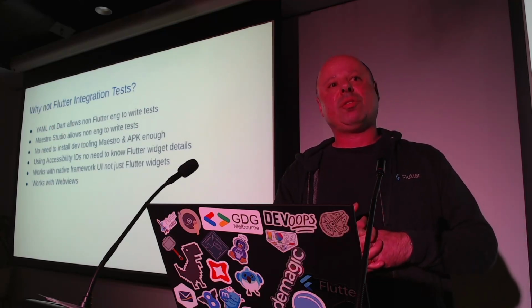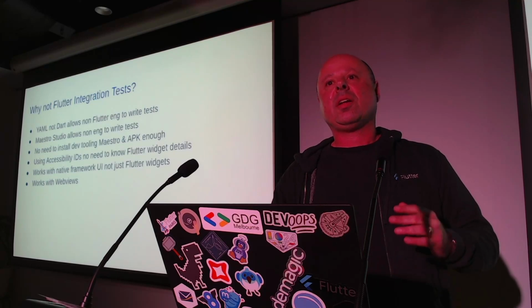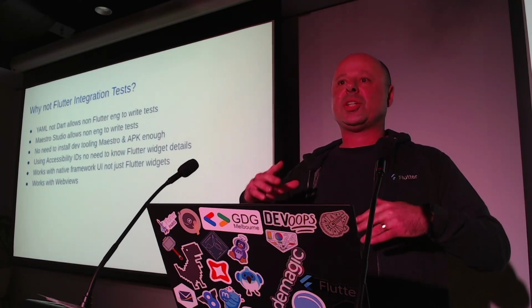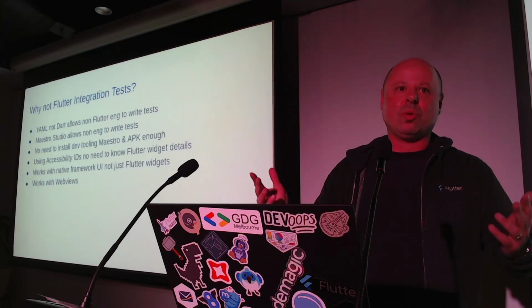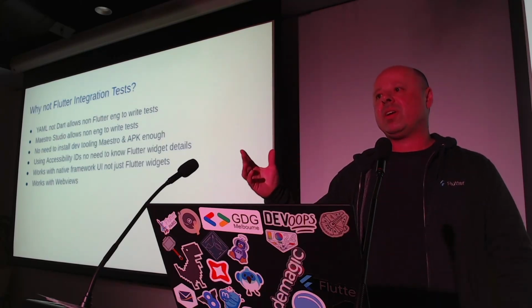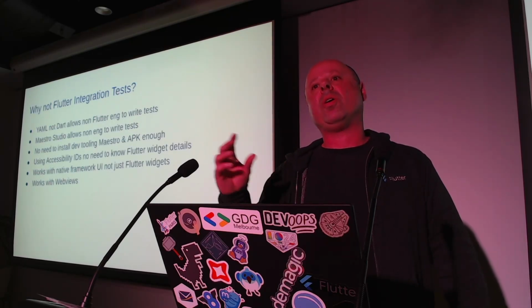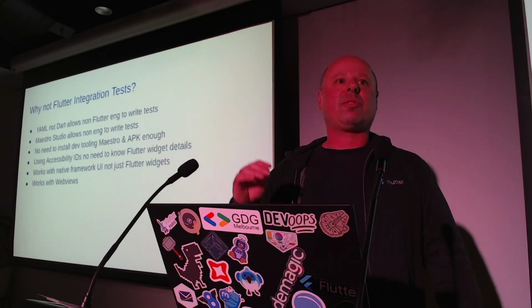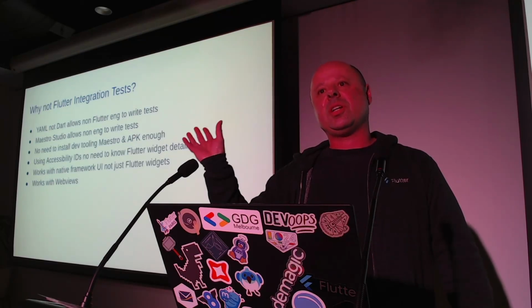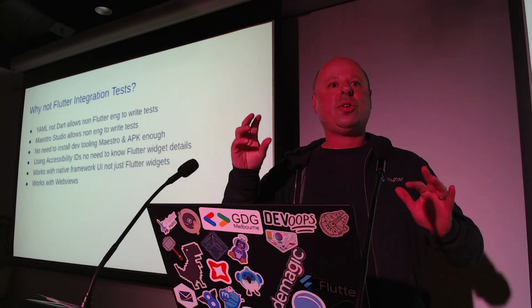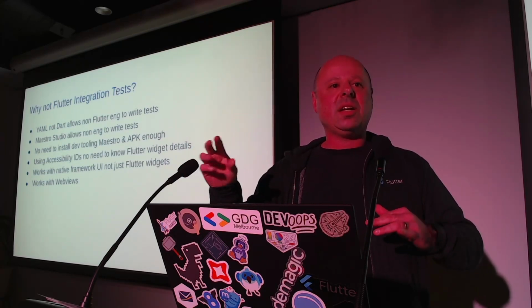And it works with native framework UIs. This is more of a Flutter thing than an Android and iOS thing, because Flutter essentially draws its own widgets, its own UI, but sometimes you end up having some native UI as part of your Flutter app, or shown while your Flutter app is running. Like for instance, a classic thing, you won't see it today because I'm doing Android, but iOS will prompt you to save your credentials in the keychain when you log in.